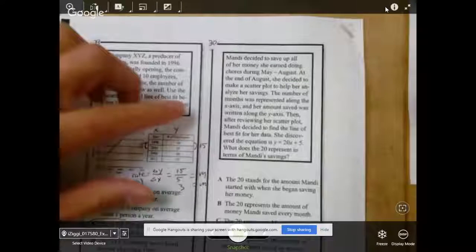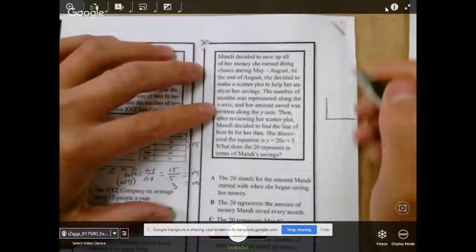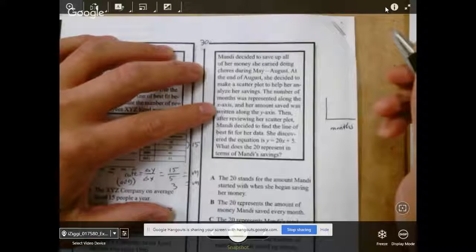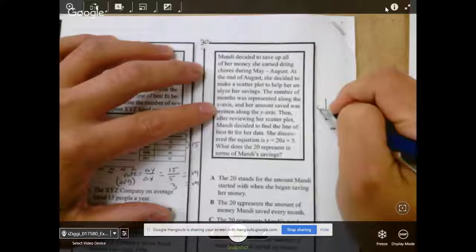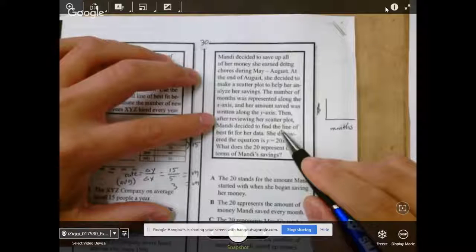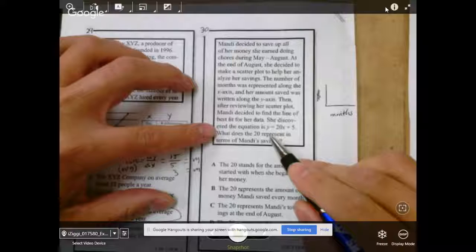So the x-axis was the months, and the y-axis was the amount of money saved, right? Then after receiving her scatter plot, Manny decided to find the line of best fit for her data. She discovered the equation was y equals 20x plus 5.